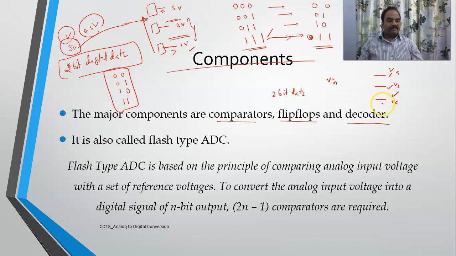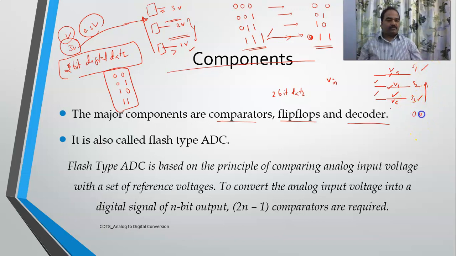Let us suppose these are connected to my switches. If it is less than VC, then all the 3 will be 0. If it is greater than this one, then only this one becomes 1 and the other 2 are 0. If it is greater than this one, then 2 of them become 1 and one is 0. And if it is greater than this one also, then all the 3 will be 1.